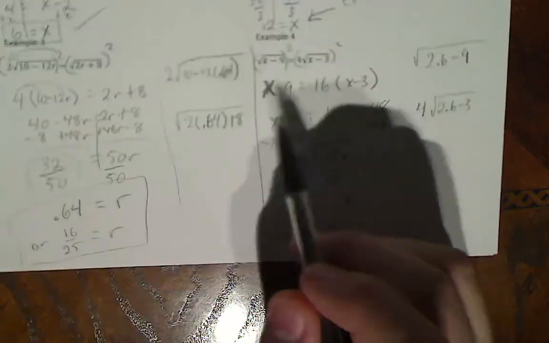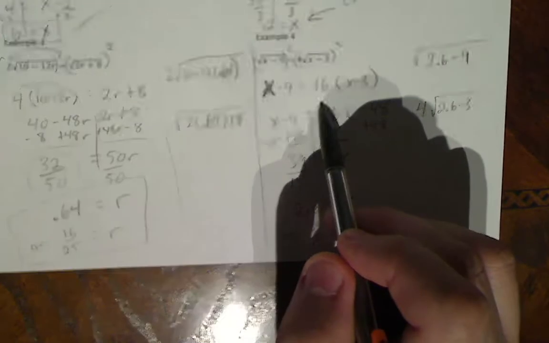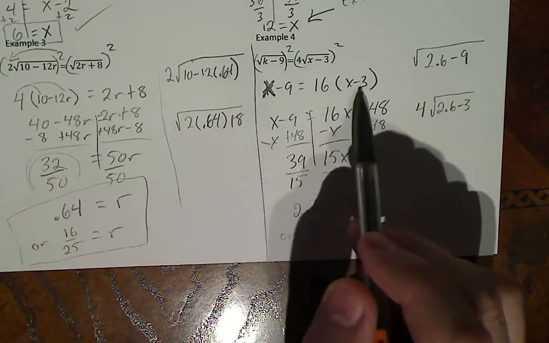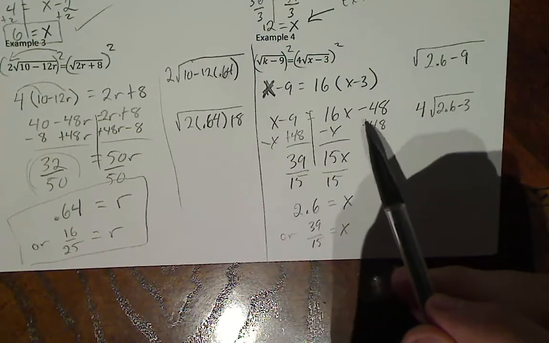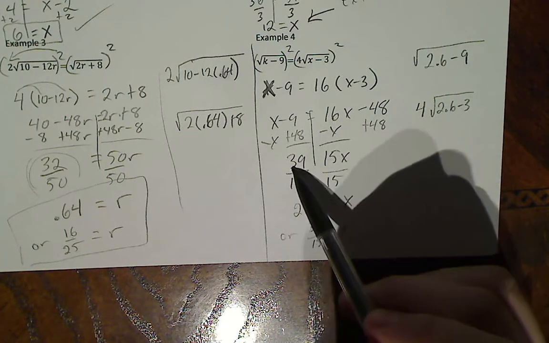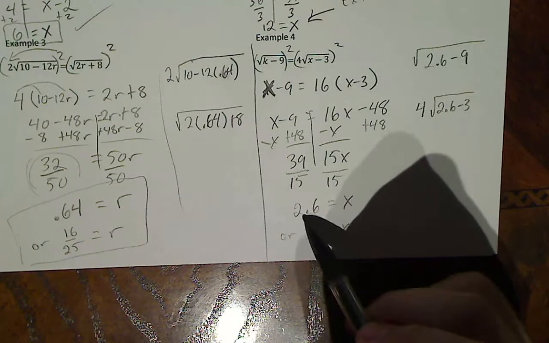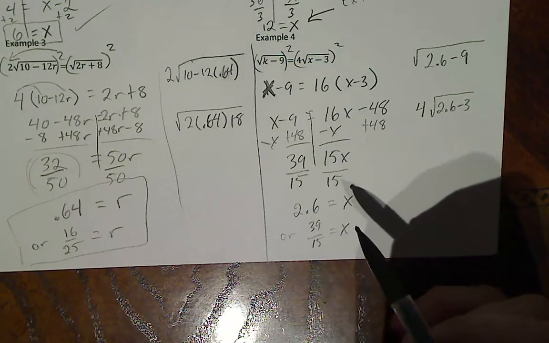Okay. I work it through again. I square both sides. Make sure that 4 becomes a 16. Okay. Distribute the 16 to where it's 16x minus 48. That's just coincidence. Add 48 to this side. Subtract x from this side. So I get 15x and 39. Divide by 15, and I get either 2.6, or I can leave it as 39 over 15. Okay. Either way.